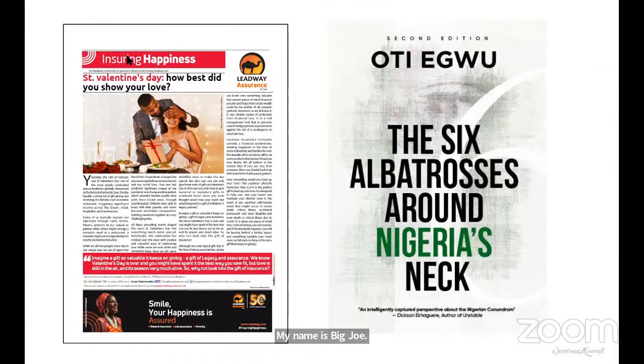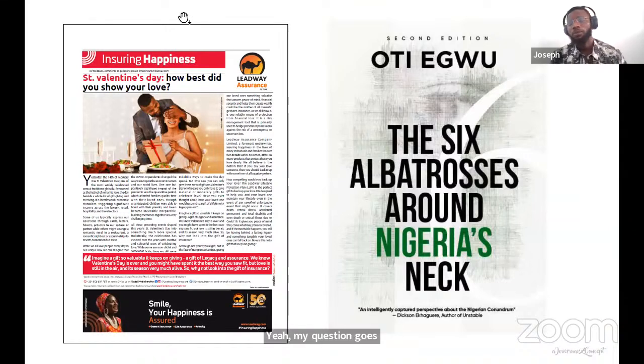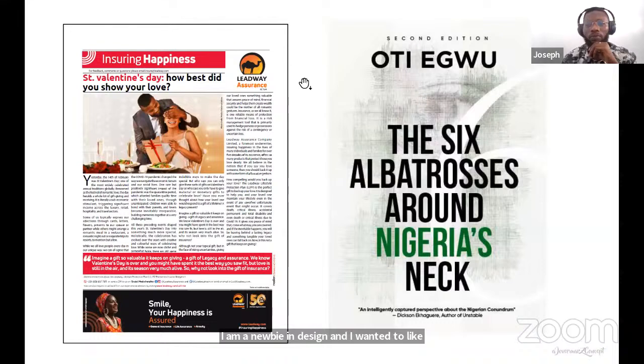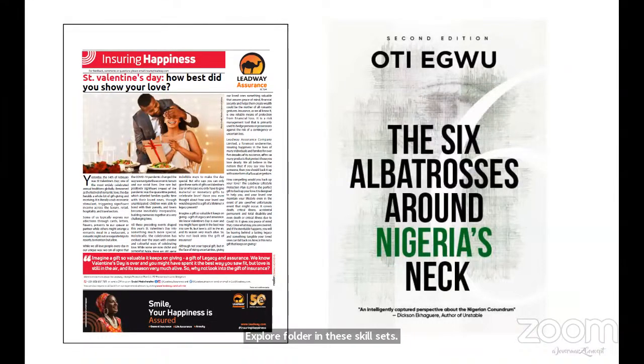Thank you for walking us through the design process. That's so insightful. My question goes thus. I am a newbie in design and I wanted to explore further in this skill set. The way you marry those colors together, how to combine one color from one design to another is very uniquely featured here.